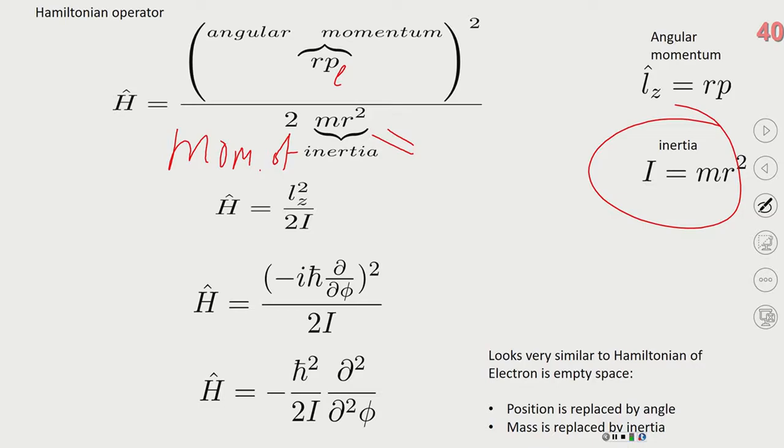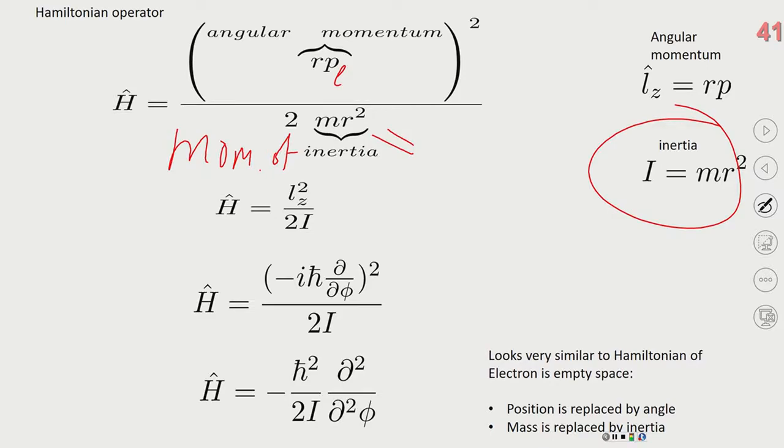So if we define this measure of inertia with letter I, then the functional form of Hamiltonian is the same. Angular momentum squared instead of momentum squared, and inertia instead of mass in the denominator. Right? And if we do a little practice, minus will come in the front, here will be h bar squared over two inertias, but it is specific inertia for rotation, and here it's second derivative over the angle.